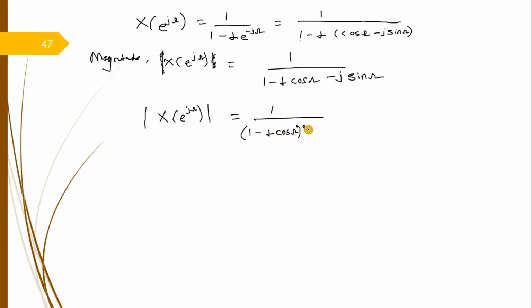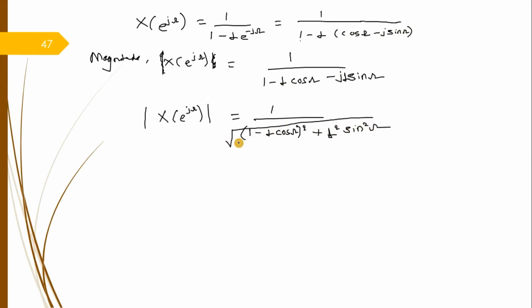So square, then plus, because this also I need to square. The minus goes, and alpha is in the bracket, multiplied with cos as well as sine. That's why I have introduced alpha here. So alpha square sine square omega, all under the square root.